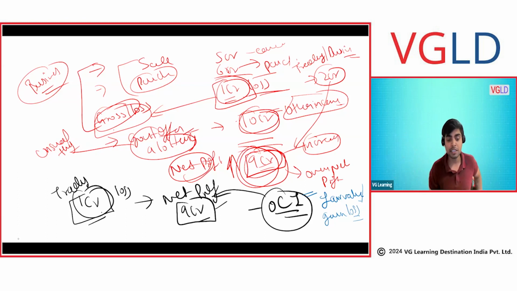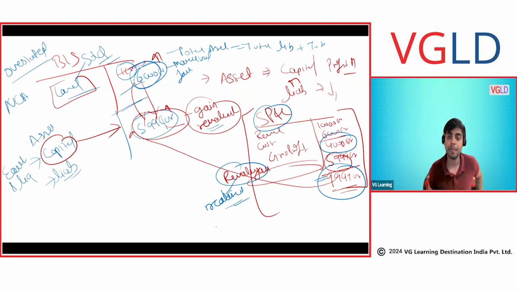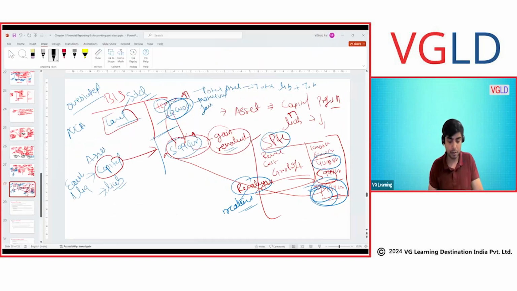But Mr. Mukesh Ambani will always be interested in showing this gain, because they want to increase the profitability of their company. So in this case, the answer was, let's create two statements.